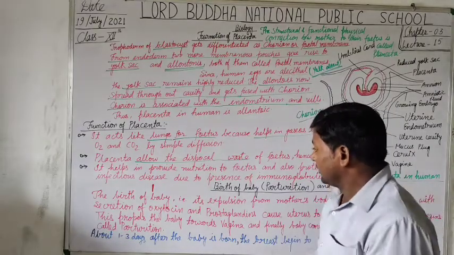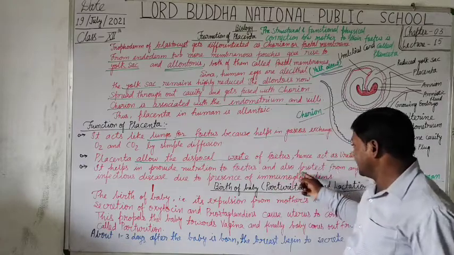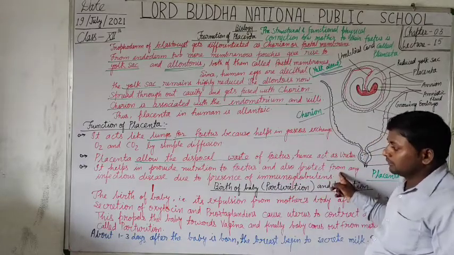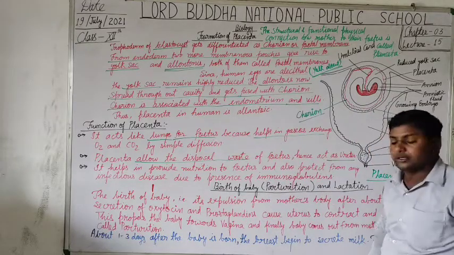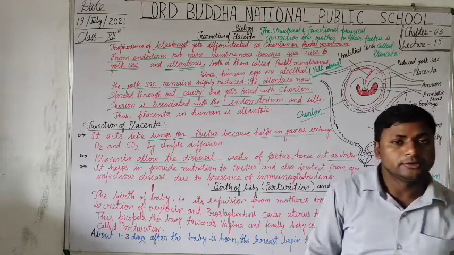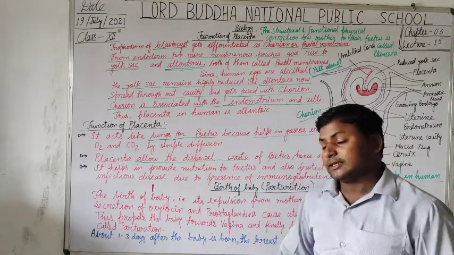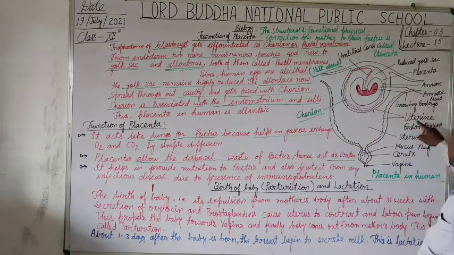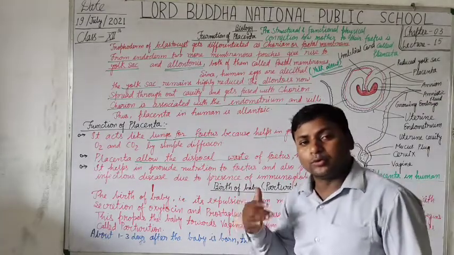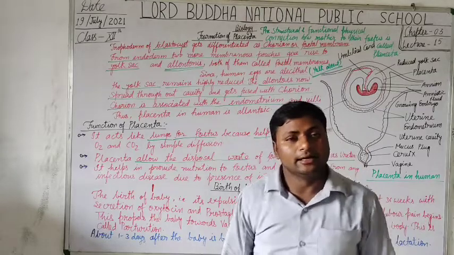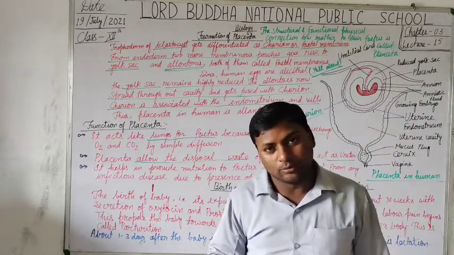Okay. Next, it helps in providing nutrition to the fetus and also protects from infectious diseases due to the presence of immunoglobulin proteins. Many kinds of immunoglobulin proteins are also present inside the amniotic fluid, and this amniotic fluid also provides protection against infectious diseases such as smallpox.